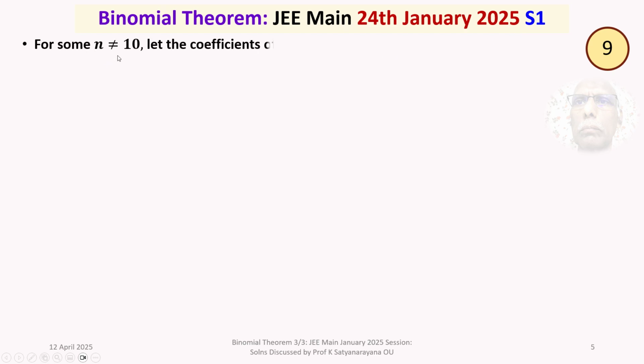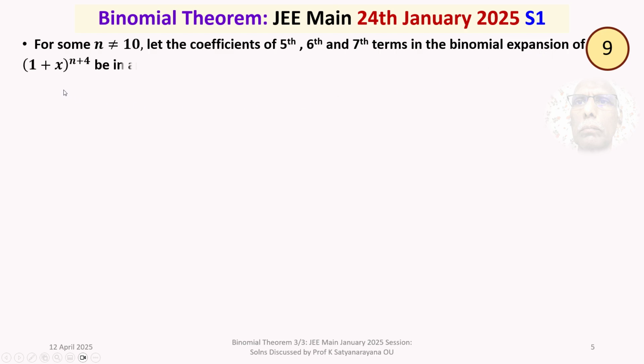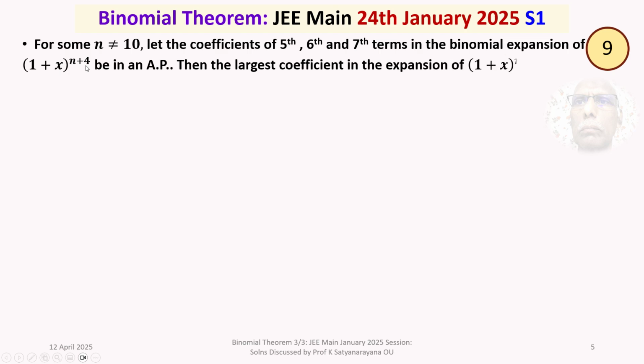For some n not equal to 10, let the coefficients of 5th, 6th and 7th terms in the binomial expansion of (1 + x)^(n+4) be in an arithmetic progression.